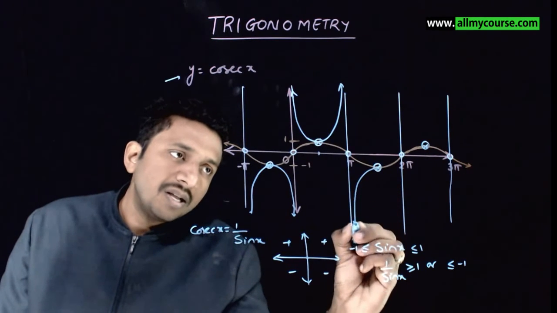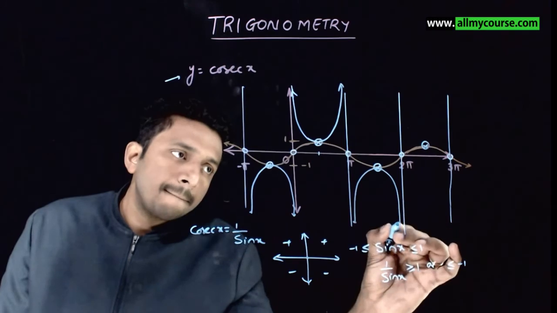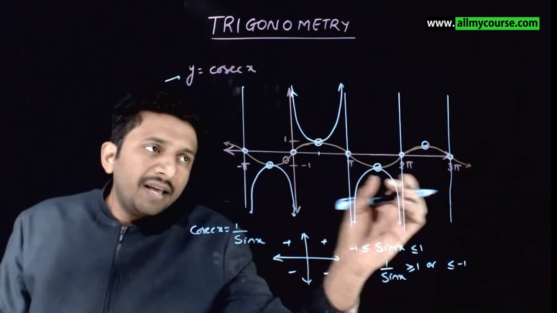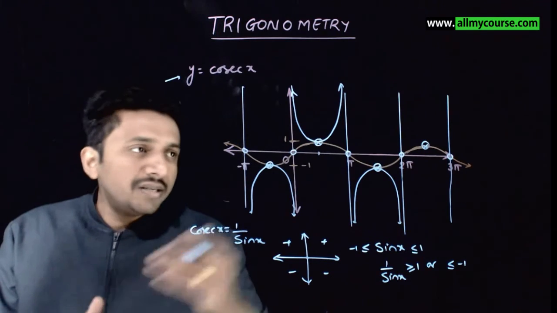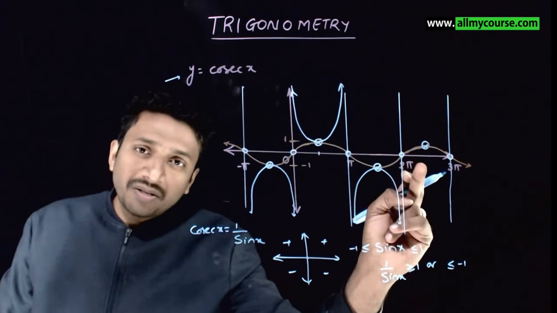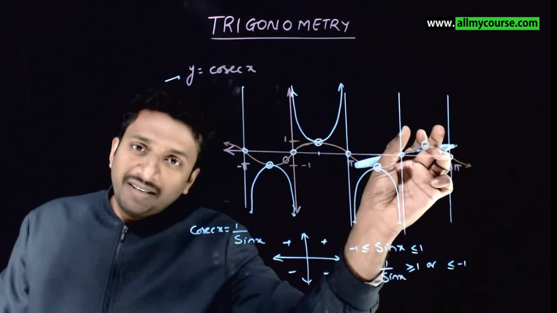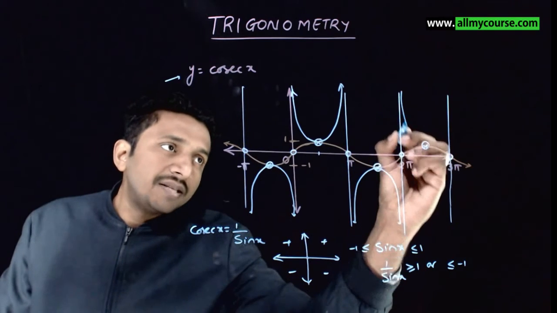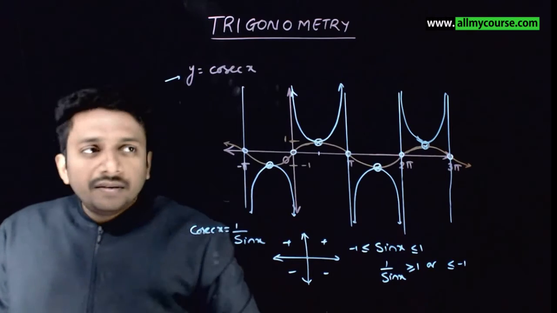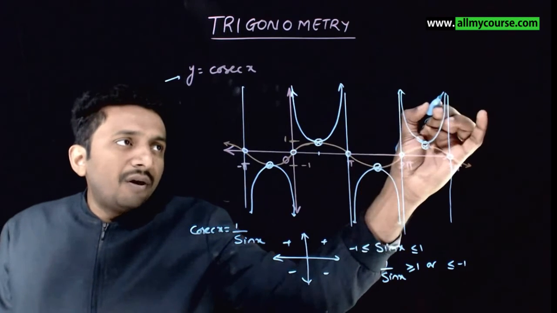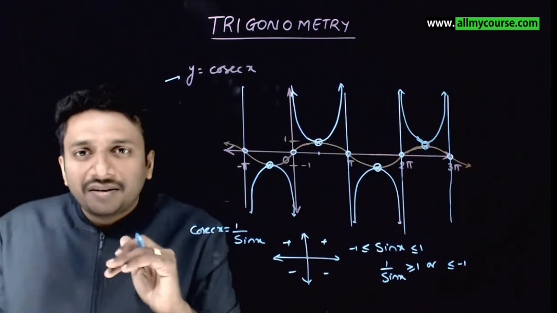So this goes like this. And again between 2 pi to 3 pi, it goes to the first and second quadrants. So the value of cosecant is positive and going to infinity at these vertical lines. So the graph has to look like this. So this is how the graph of cosecant x looks.